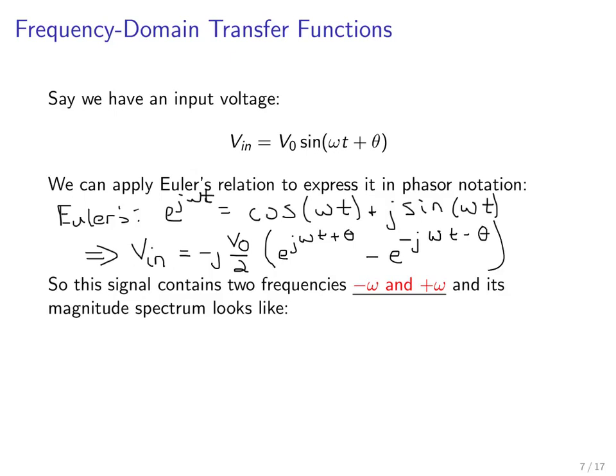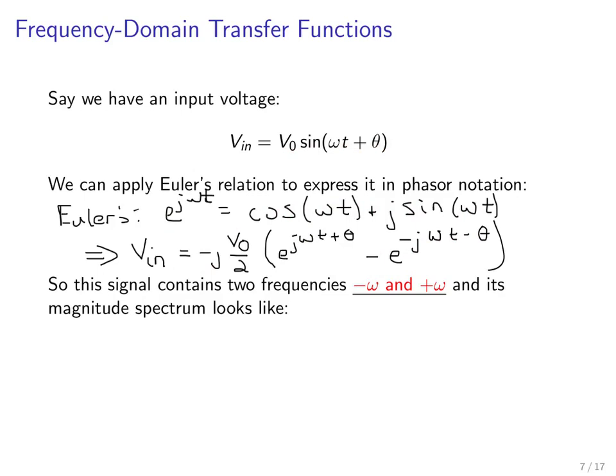As a sanity check, if you go backwards and apply Euler's identity to each of these two terms, you'll see that the cosine component cancels out, and we end up with 2 times the sine component. Then the negatives cancel out, and you end up with this.